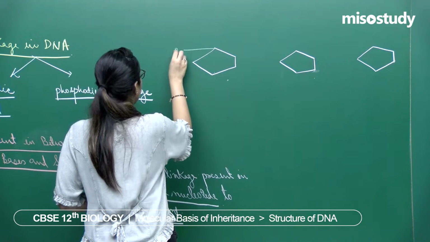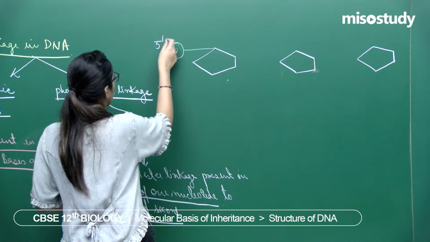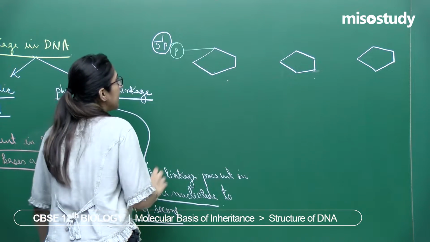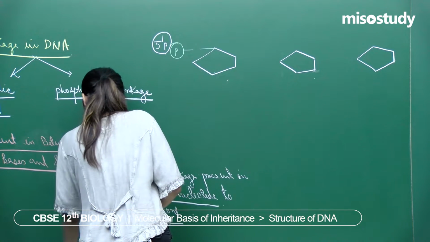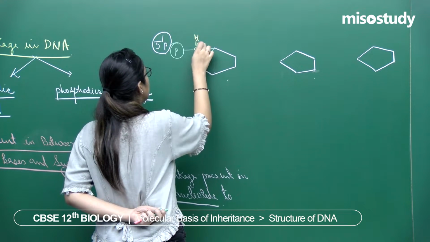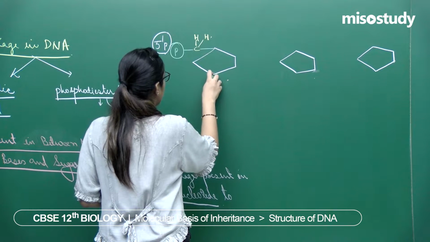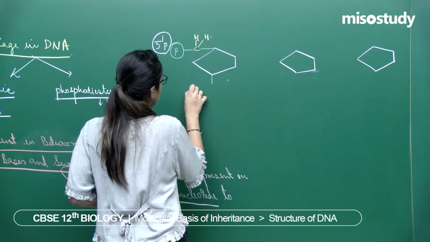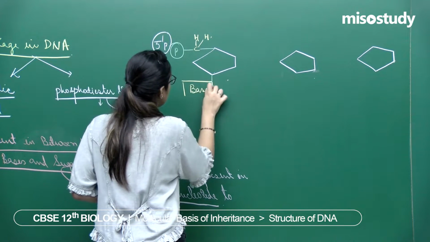Here the phosphate is present, at the 5' position, and in between we can see that the CH2 is present, along with two H. From this side, a base is present like this.